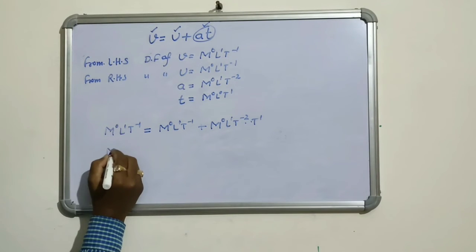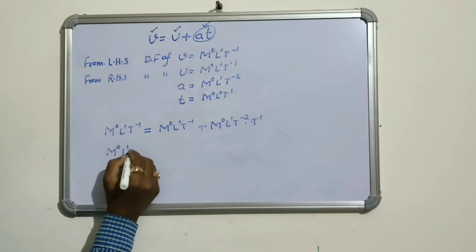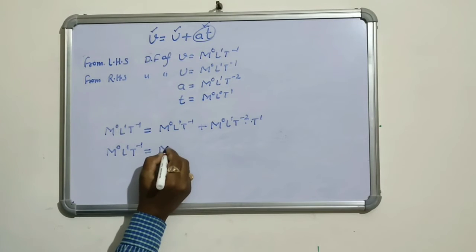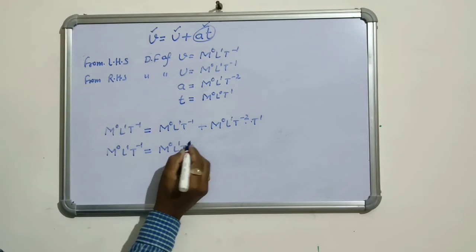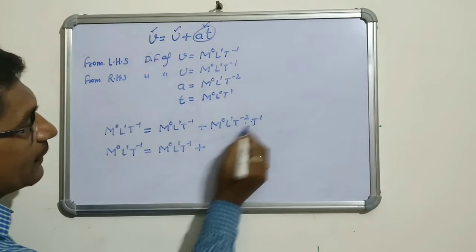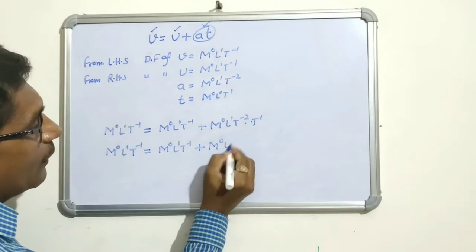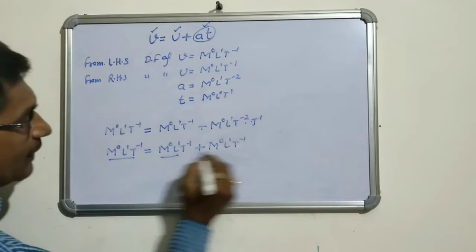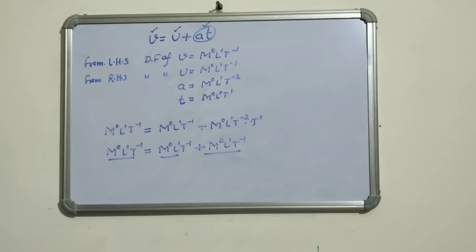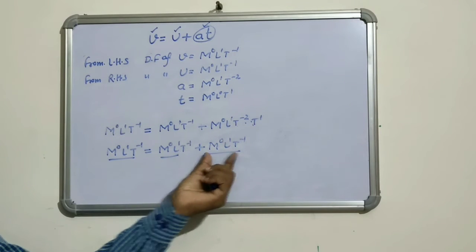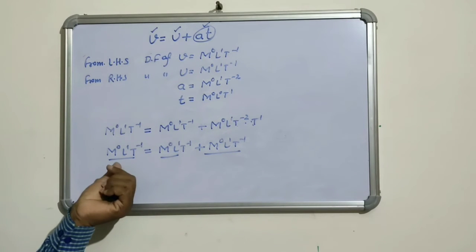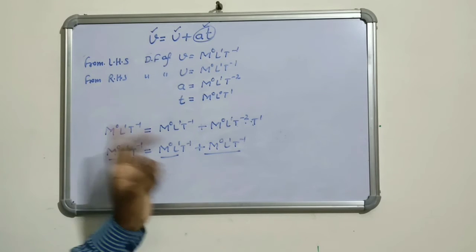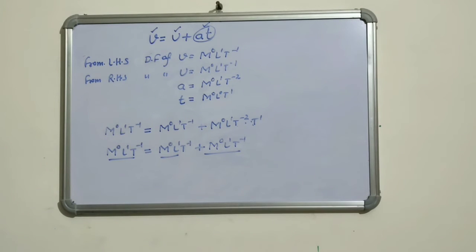After solving, we get M0 L1 T minus 1 equals M0 L1 T minus 1 plus M0 L1 T minus 1. The dimensional formula of each algebraic term is equal, that's why the formula is correct. If any one term does not equal the others, the equation is not correct.